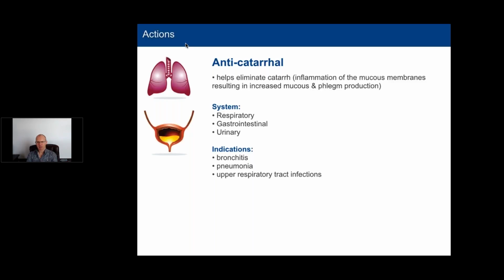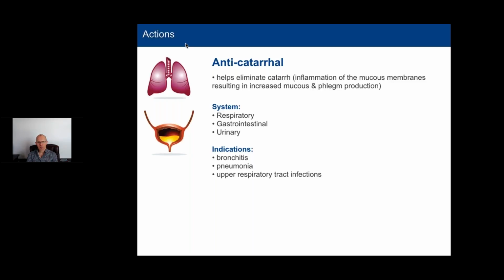Everything's inflamed and irritated. You can also have catarrh in the gastrointestinal tract, where someone has an infection producing a lot of mucus, blood, and pain. It can also occur with urinary tract infections, with lots of mucus, irritation and inflammation. So catarrh occurs in lots of different systems in the body.